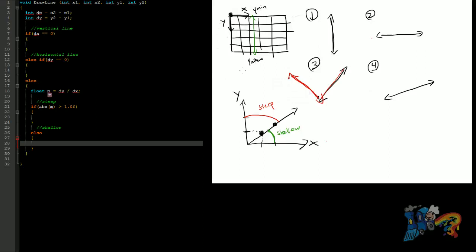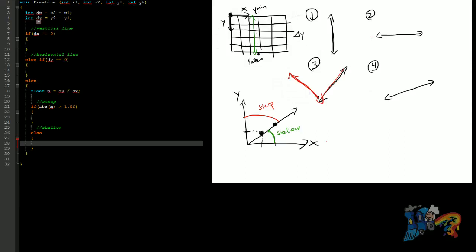Okay. And what we're going to do is find the highest y value. We're going to start at the highest y value, and we're just going to loop through all of the y's until we reach the min. And we should know that the number of pixels that we are going to set is just the change in y. We get to reuse this delta y value.